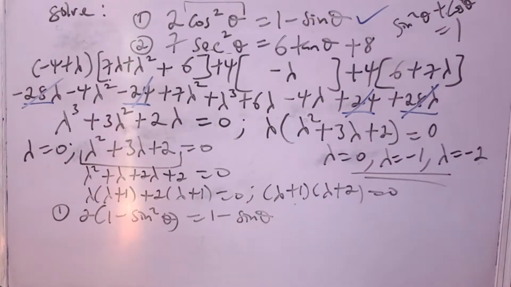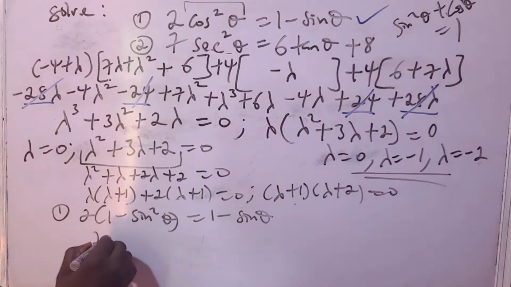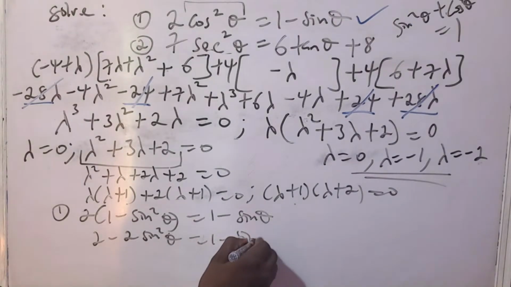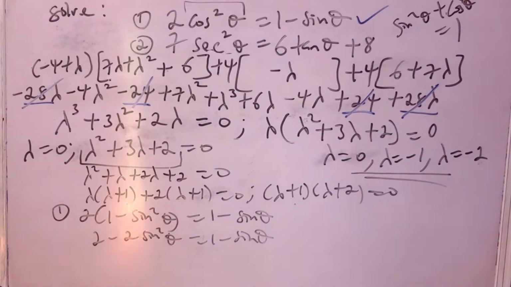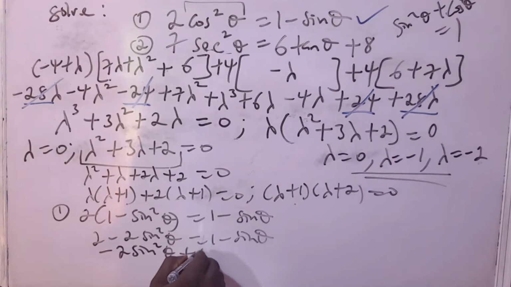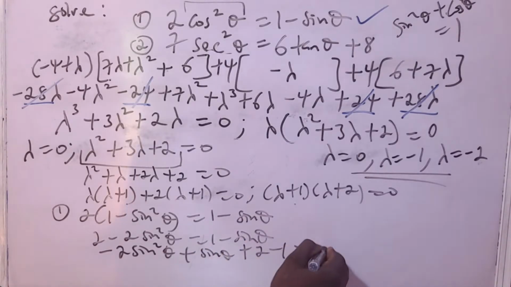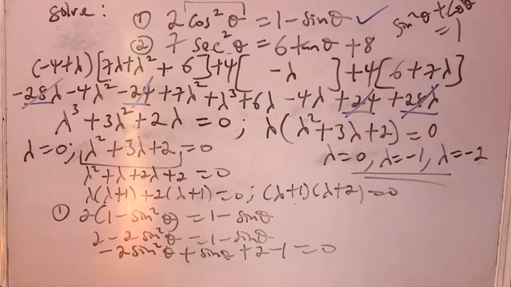Alright? So then I have 2 minus 2 sine square theta equals 1 minus sine theta. So this obviously gives me a quadratic expression where I have minus 2 sine square theta plus sine theta plus 2. Of course, this plus 2 here, then I bring this here, I have minus 1. Everything equals 0.